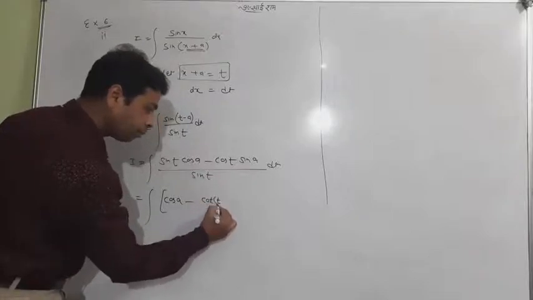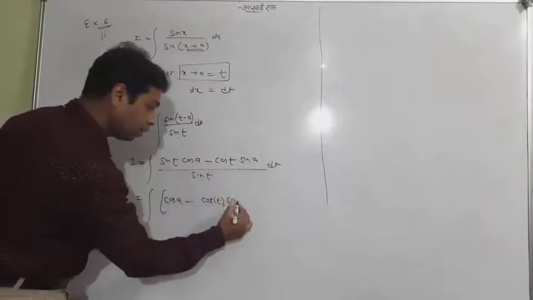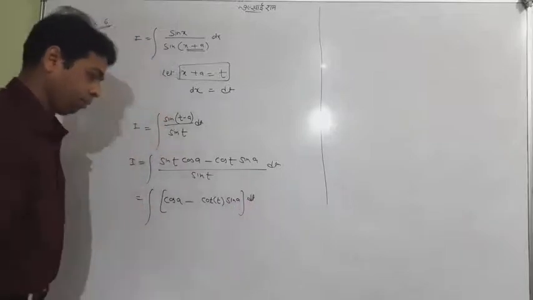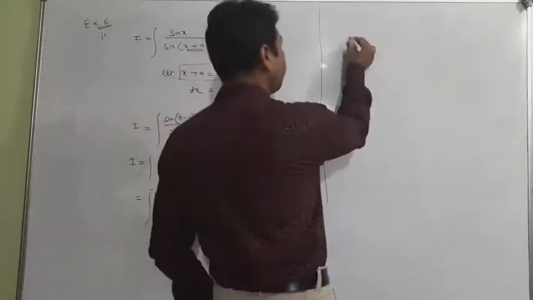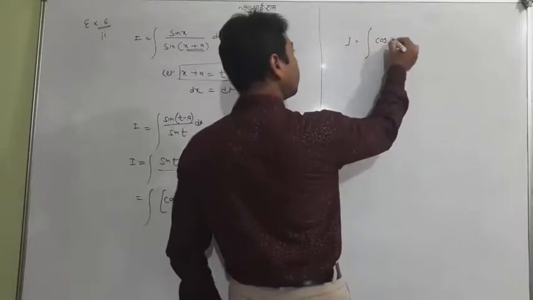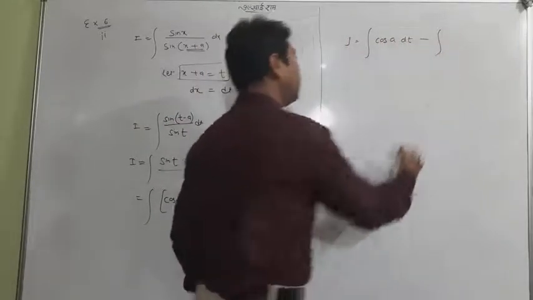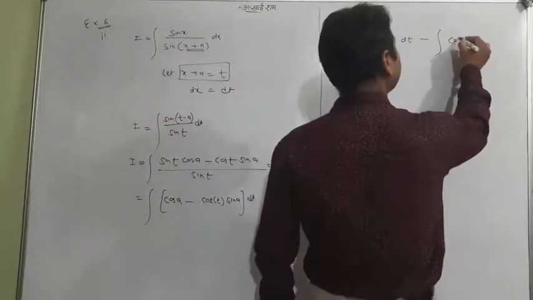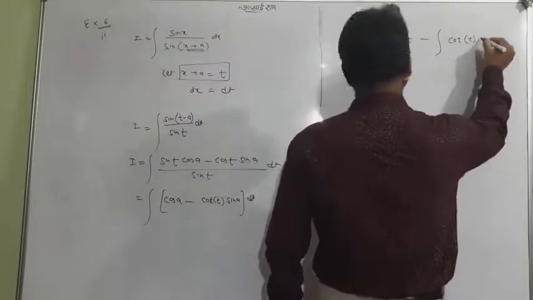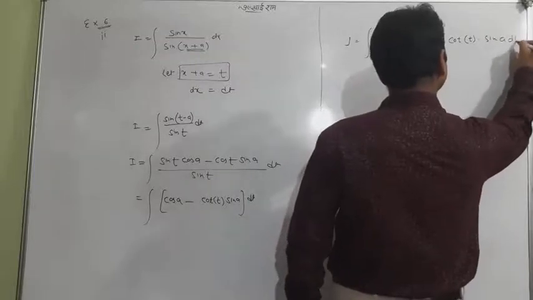So cot t sine a dt. Now separate the integration in two parts: cos a dt minus cot t sine a dt.